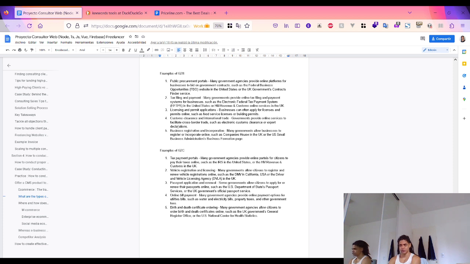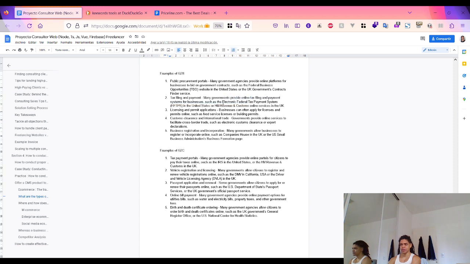So government charges them. Many governments provide online tax filing and payment systems for business, such as the Electronic Federal Tax Payment System.